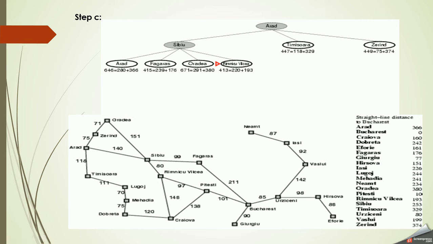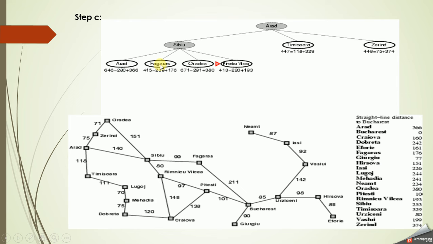Before that, Sibiu was already connected to Arad. So again Arad to Sibiu is 140. So 140 plus 140 is 280, plus Arad's h of n value which was 366. So 280 plus 366 we have got 646.